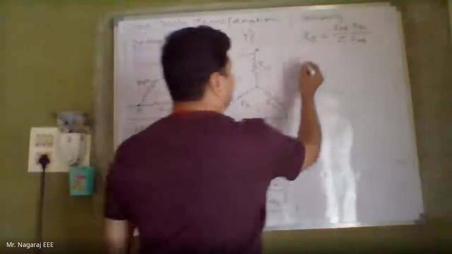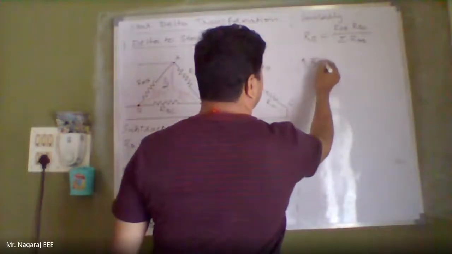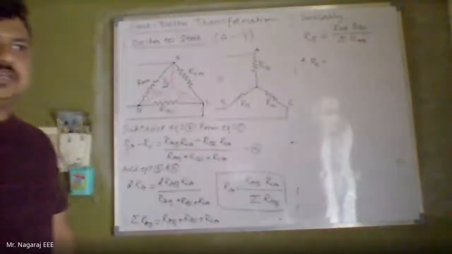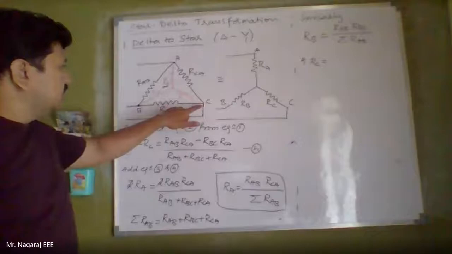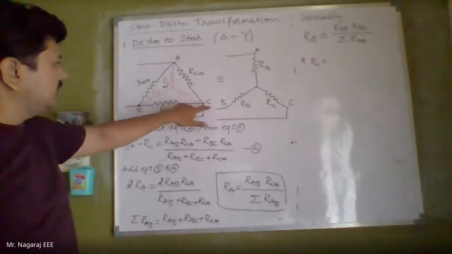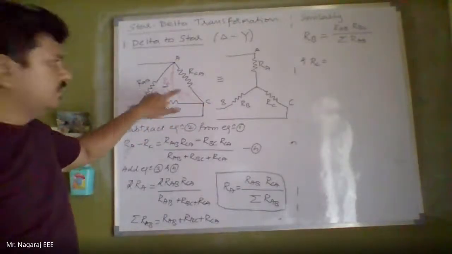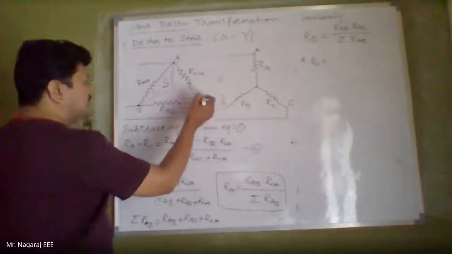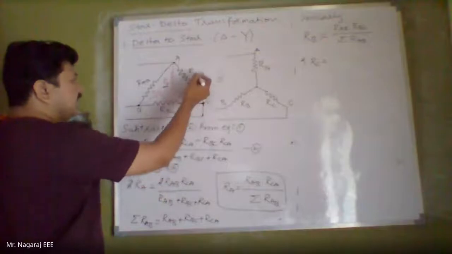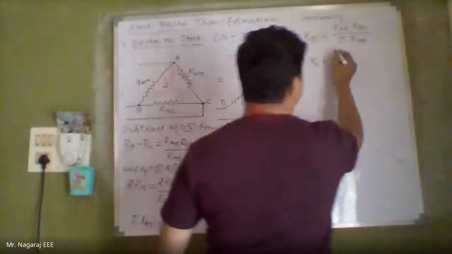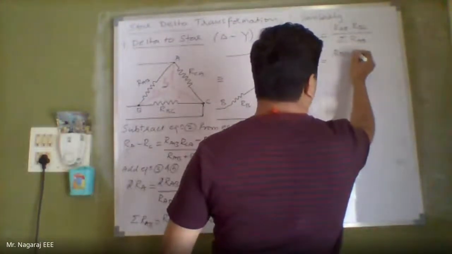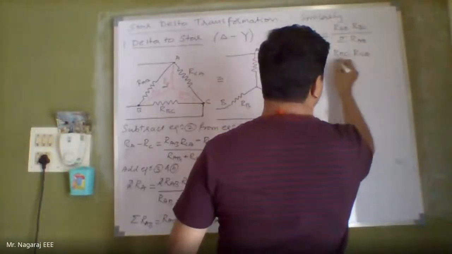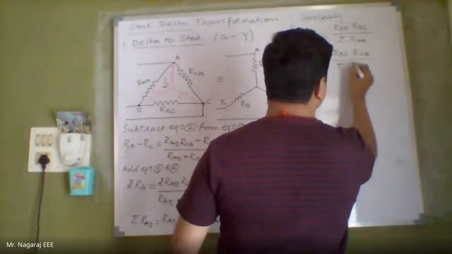And RC is the resistance connected to terminal C in the equivalent star. Take the product of the two resistances in delta connected to terminal C, that is RBC and RCA. Simple. RBC into RCA divided by summation RAB.